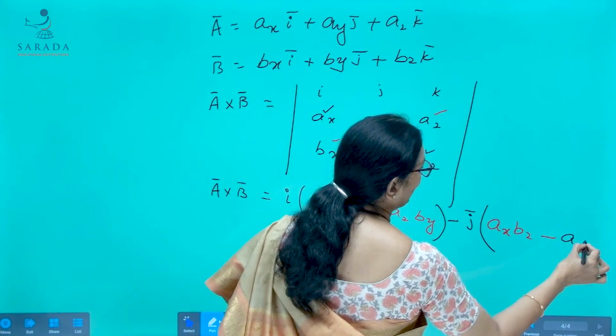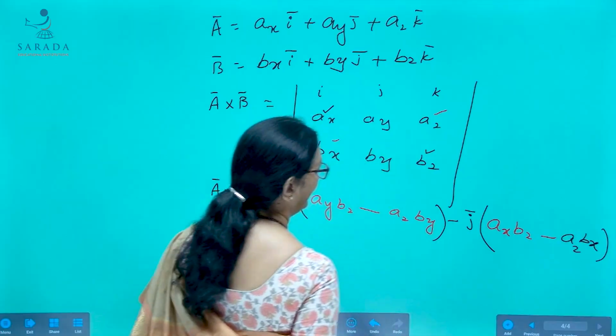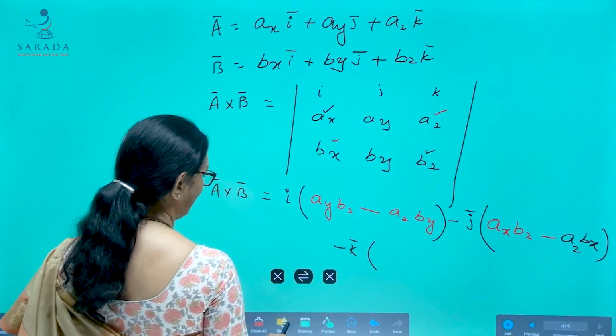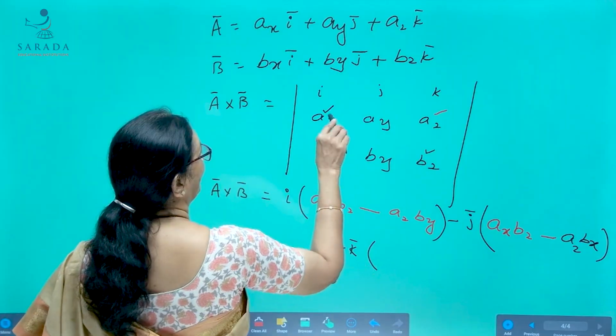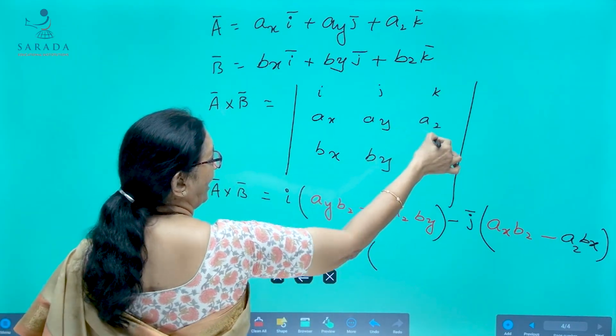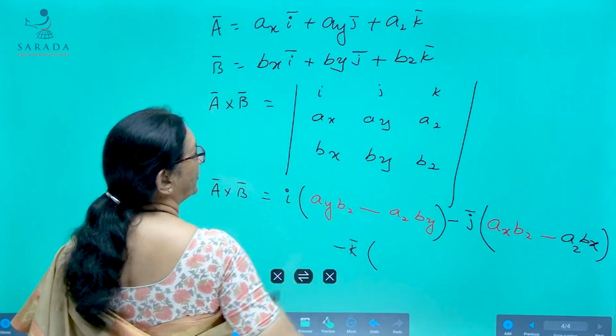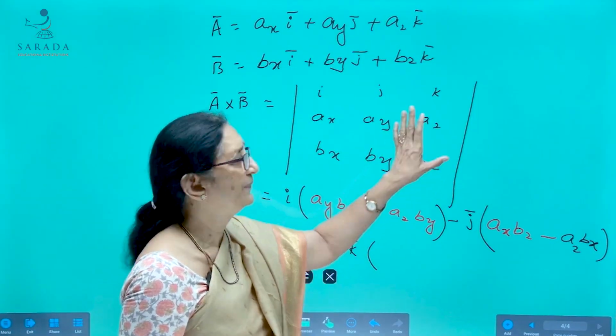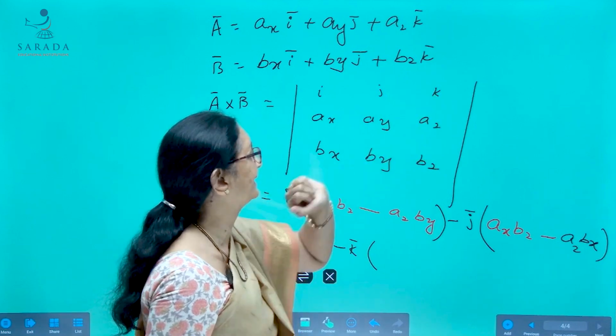Minus K bar into, you can just guess the answer now. You have to close the first row and the last column, because those two contain K bar.